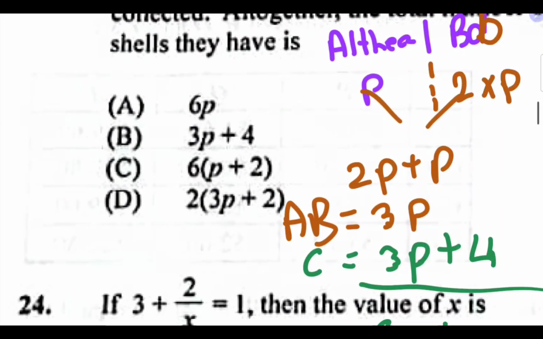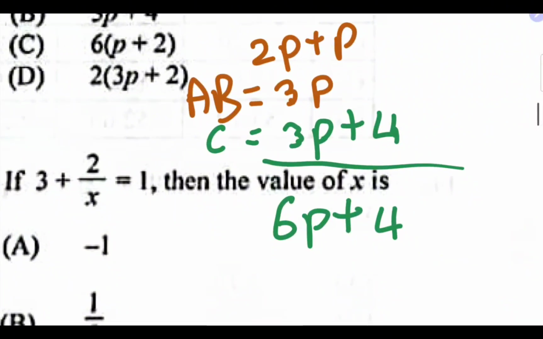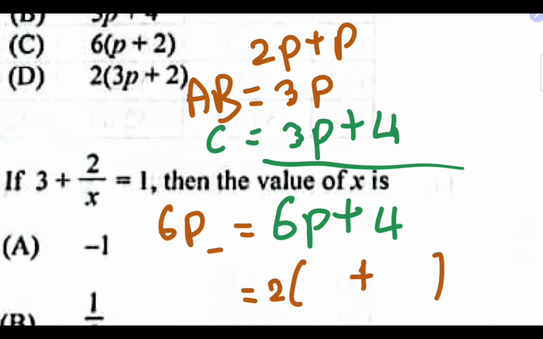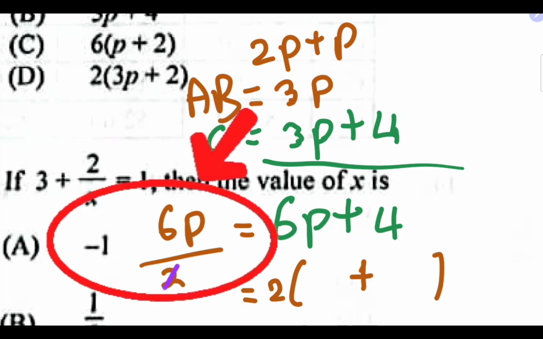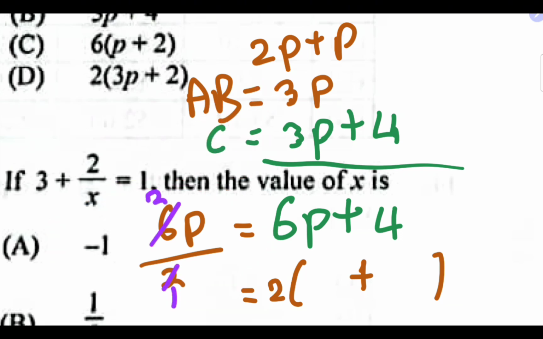But if we were to factorize, we would see, let's pull out what is common between the first term and the second term. 2 is the only thing they have in common. So we have 6P being divided by 2. 2 goes into 6 three times, so that's going to be 3P.